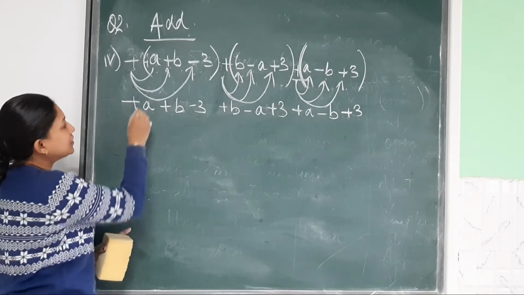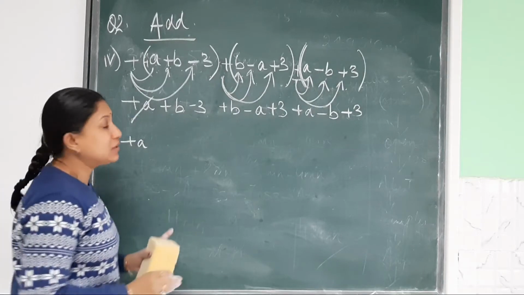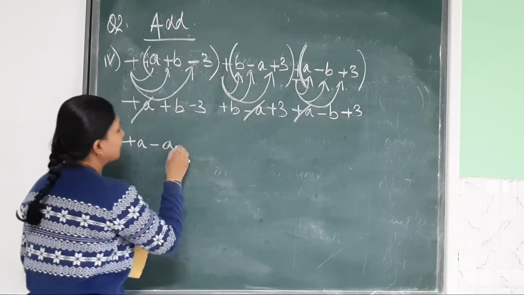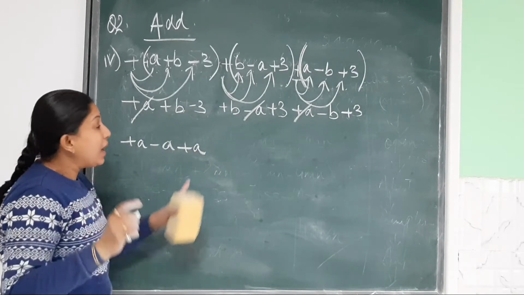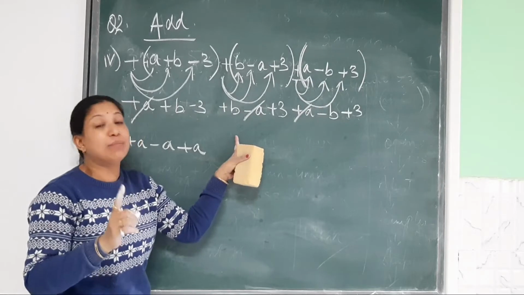Now arranging like terms. This plus a, first I will check all the variables with a. I have one more minus a and one more plus a. Why am I cancelling here? I told you when we were discussing the third chapter also.